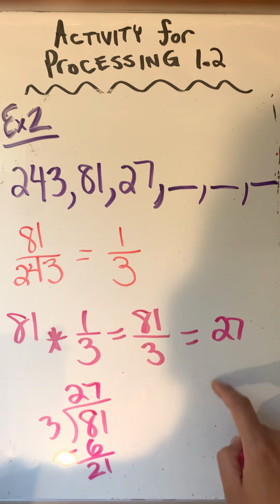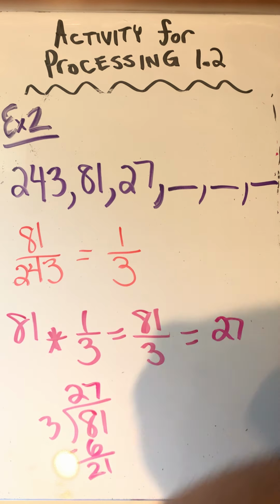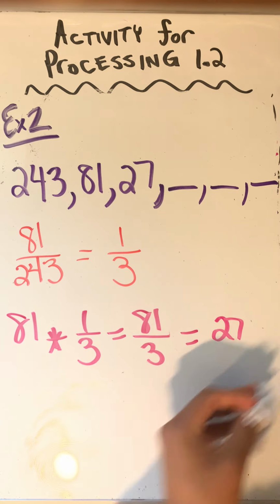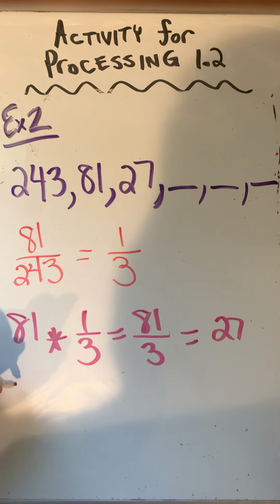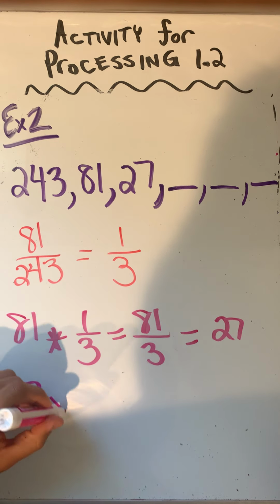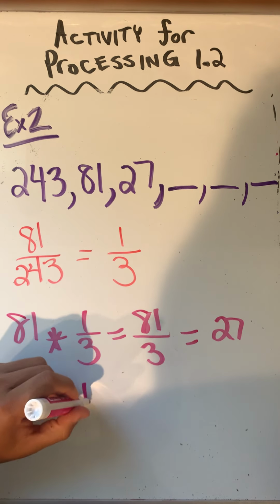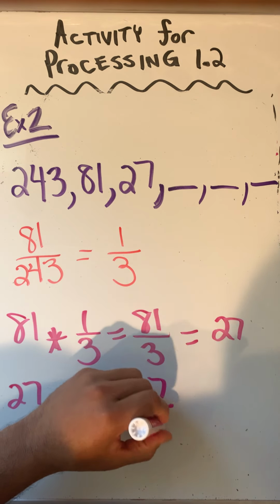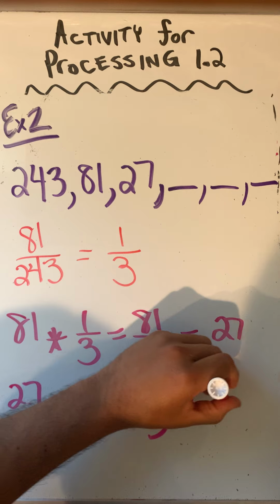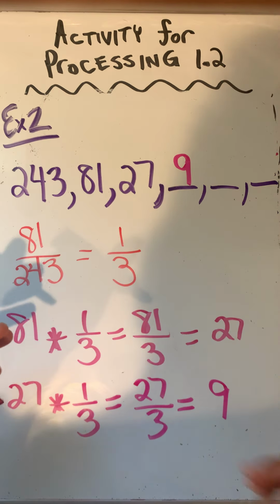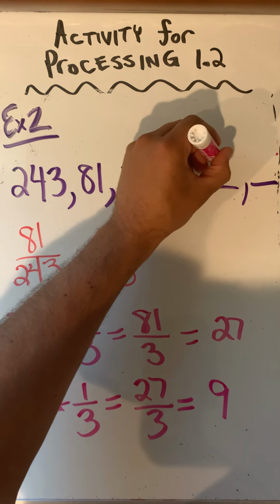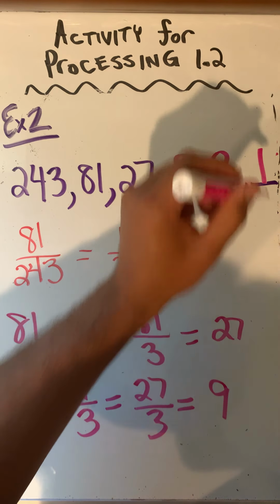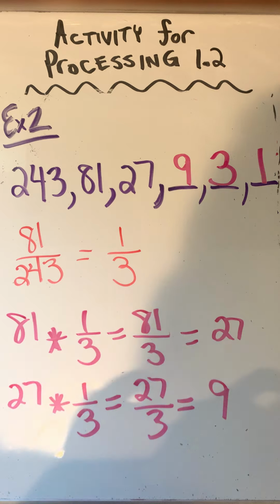I could have used a calculator, but I did some long division. Okay, so it gave me 27. Now I'm going to multiply 27 by 1/3, which is our growth factor, which gives us 9. And if I repeat this process, I hope you can trust me, but if not, you can do it for yourself, which I hope you already did. The next terms should be 9, 3, and 1.